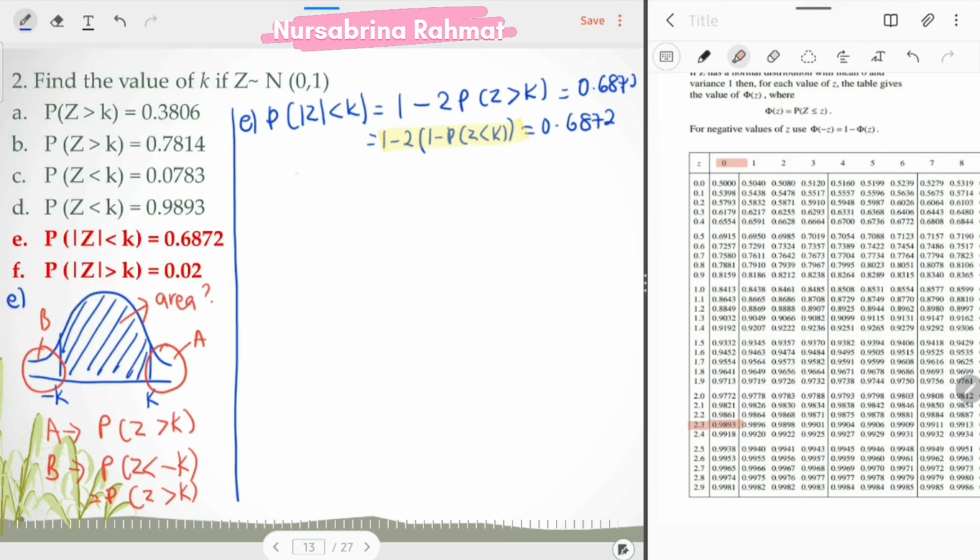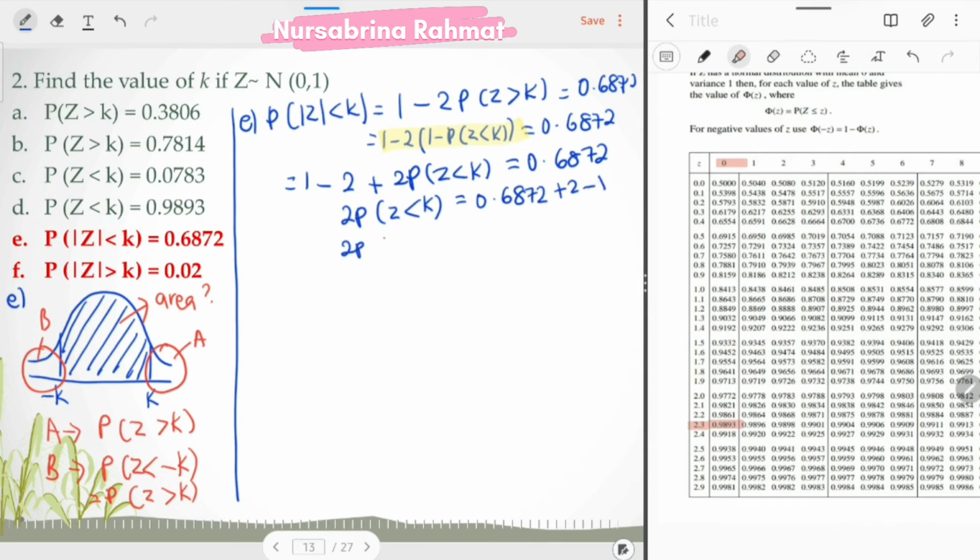So it becomes 1 minus 2 plus 2P(z < k) equals 0.6872. Okay, I'm going to move all the numbers to the right side, leaving 2P(z < k) equals 0.6872 plus 2 minus 1.